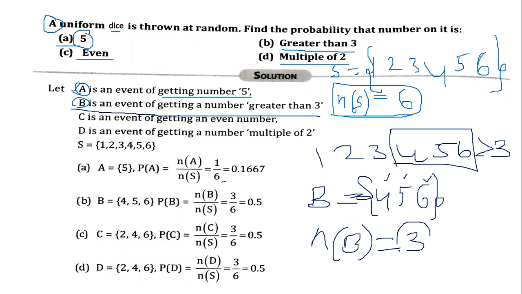So there are 3 possibilities when you get a number greater than 3. So n of B is equal to 3 and the sample space is already 6. So 3 by 6 is equal to 0.5, the probability of getting a number greater than 3.